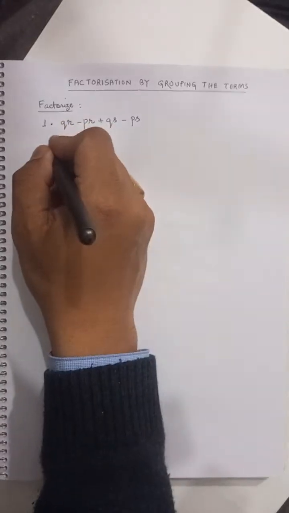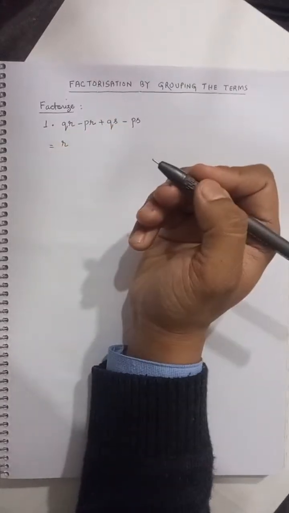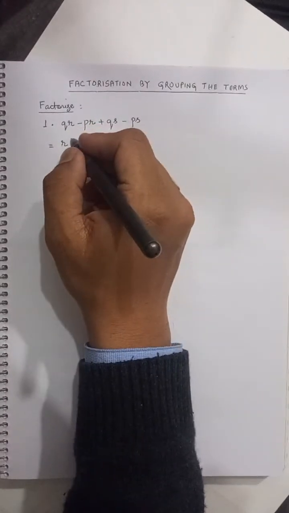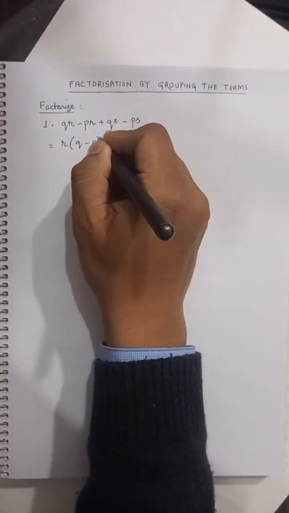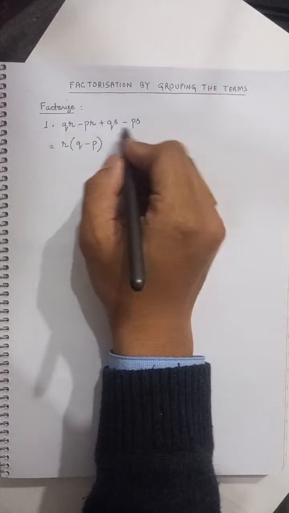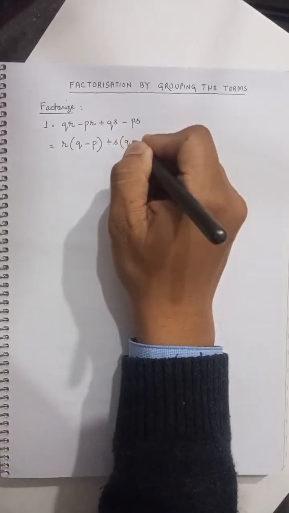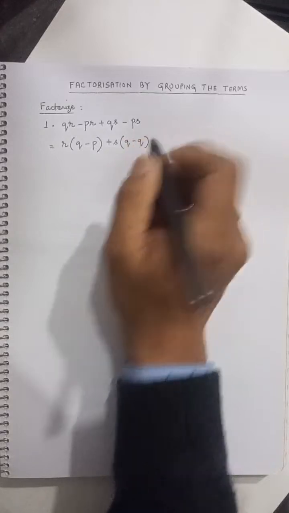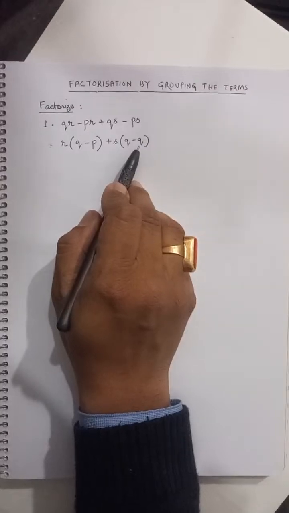So what we can do, from these two terms we can take R as a common factor, and then we will have Q minus P, and then we can take out the S as common factor and we will have Q minus P. So out of these two terms again we have Q minus P as common.